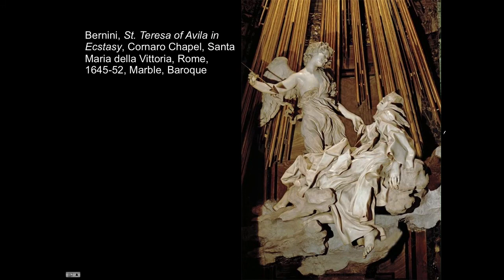Bernini did continue to do other church commissions. This is his St. Teresa of Avila in Ecstasy, which was created for the Cornaro Chapel of the Santa Maria della Vittoria church in Rome. He sets up the entire chapel as a theater, similar to the chair that we studied from the Vatican cathedral. He works into his statue the background.